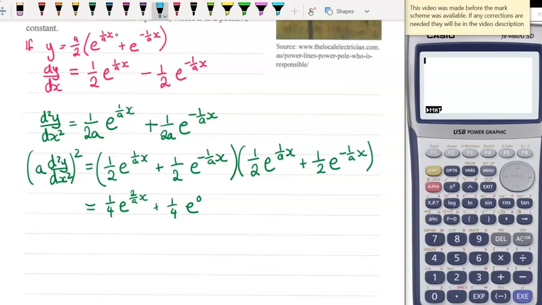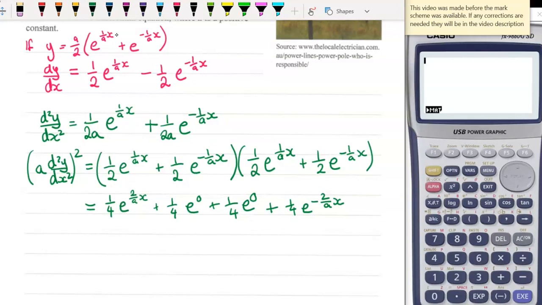Next we will do this one times this one, so we have plus 1/4 e to the, again we've got plus 1 over ax and a minus 1 over ax, so that will be e to the 0, plus the final piece, this one times this one, which will be 1/4 e to the minus 1 over a minus 1 over a is minus 2 over ax.